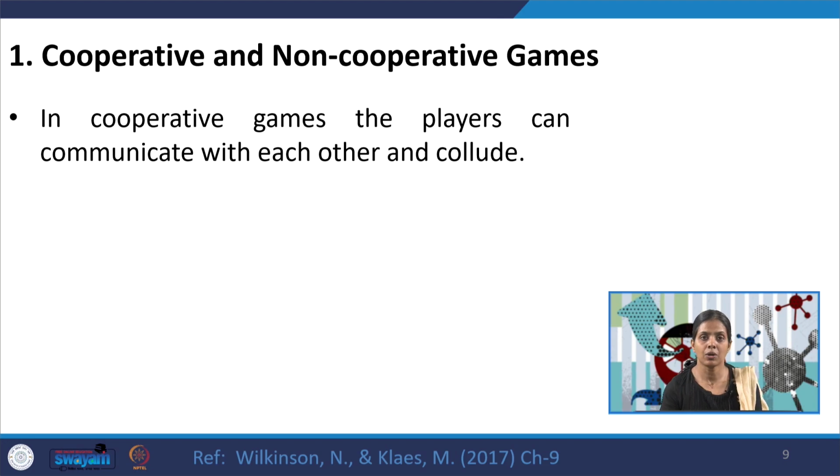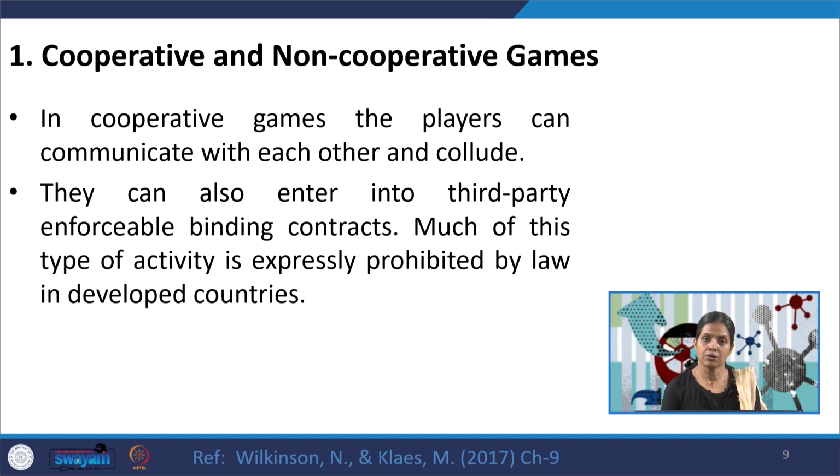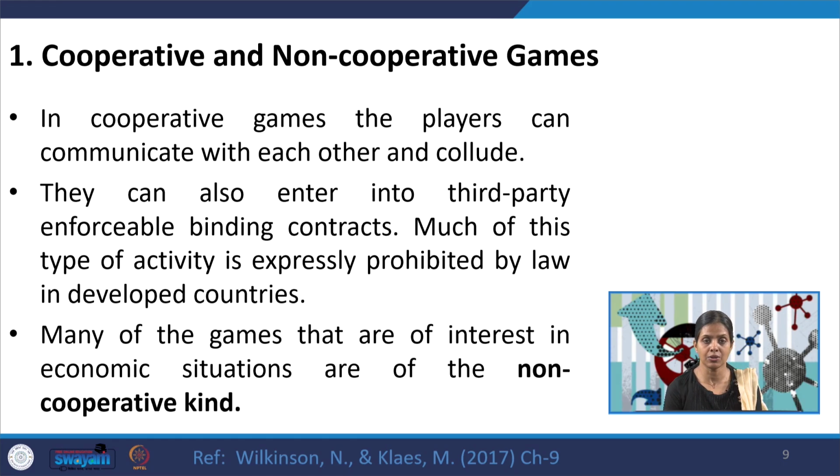We begin with cooperative and non-cooperative games. In cooperative games, the players can communicate with each other and collude. They can also enter into third party enforceable binding contracts. Much of these types of activities are expressly prohibited by law in developed economies or countries.